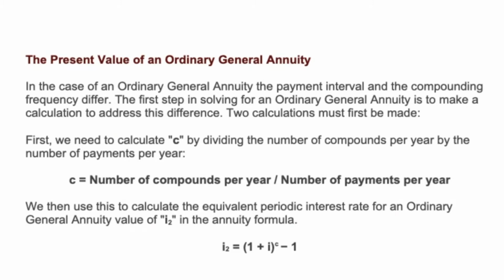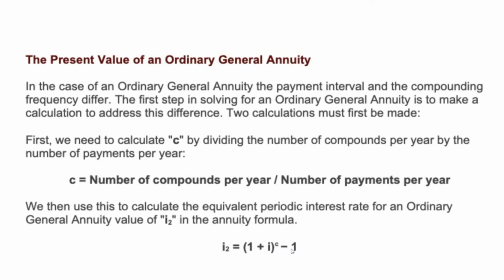In order to calculate that value, which we call I2 for short, the formula is right there on the bottom. I2 equals 1 plus I, the periodic interest rate that you're reading right off the problem, to the power of C, minus 1.